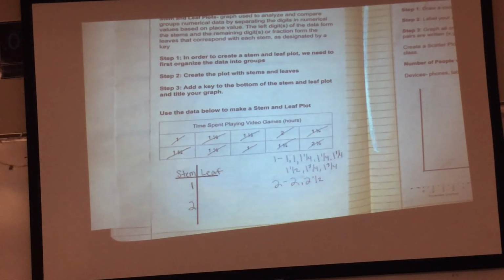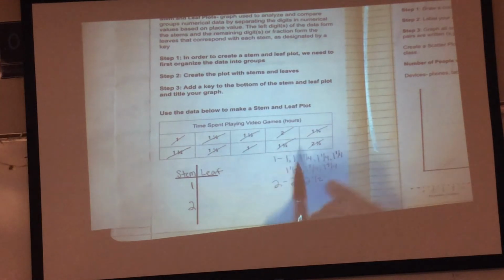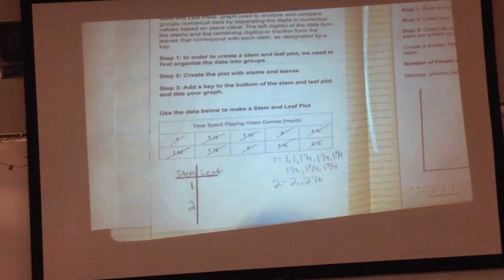So what can I list as a fraction form for the leaf of 0, for 1? Braden? Like for 1/4, you can do decimal 25. Not in a minute. Our leaves are going to be in fraction form, so some kind of fraction for one whole. 0 over 0? Not 0 over 0. 4 over 4?